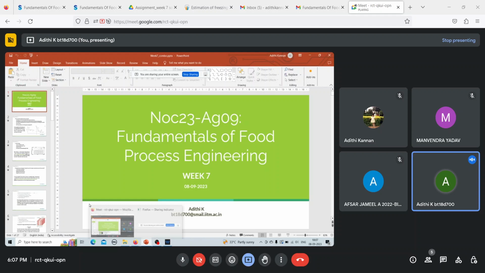If you substitute the values, you get the mean freezing temperature as minus 7.134 degrees Celsius. So you can see the freezing point is not always 0 degrees Celsius. Depending on the food material, your Tfm will change.